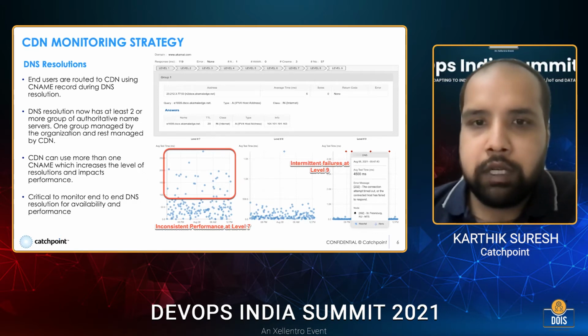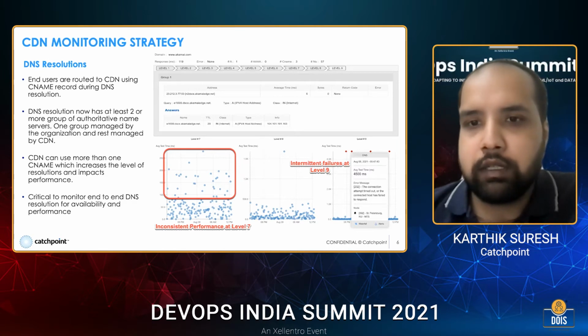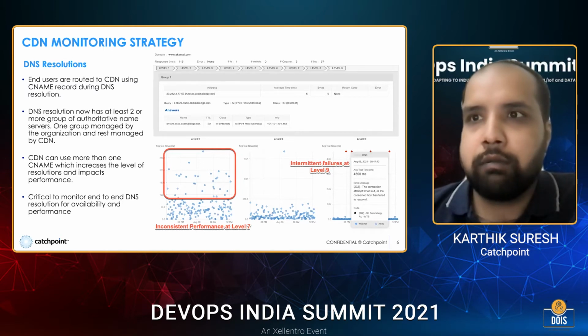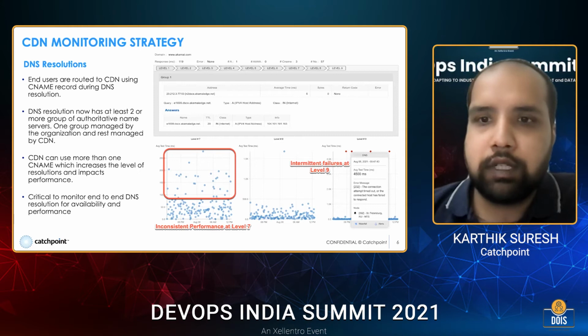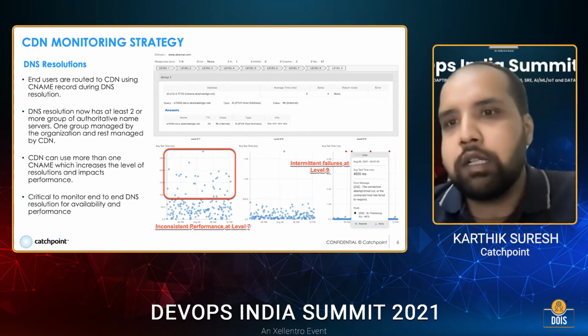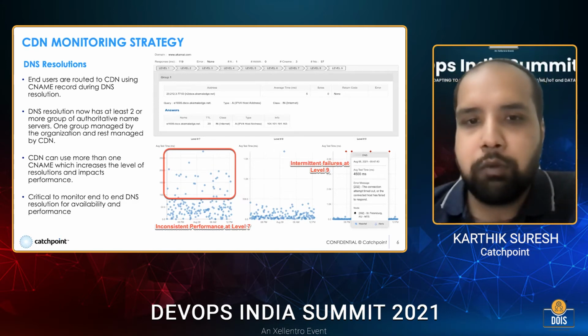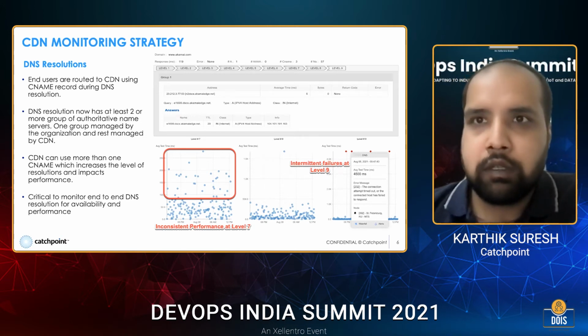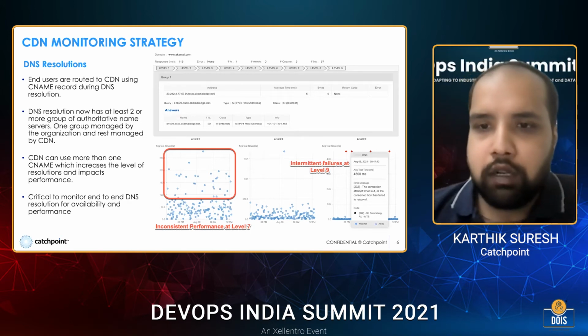In this example, we can see performance is inconsistent at level 7, with DNS resolutions taking as high as 3 seconds. We also see intermittent failures on level 9, which could be happening due to connectivity issues for one of the name servers. So monitoring all levels of DNS resolution will provide visibility into performance and availability at every level.